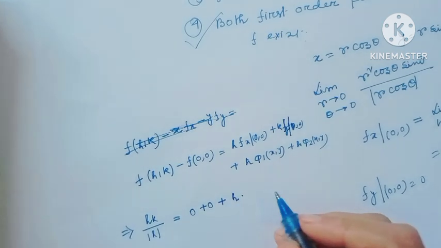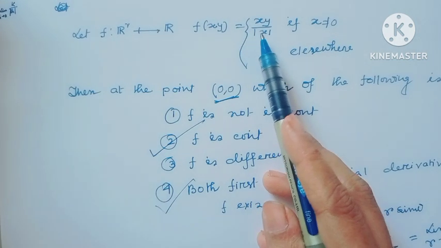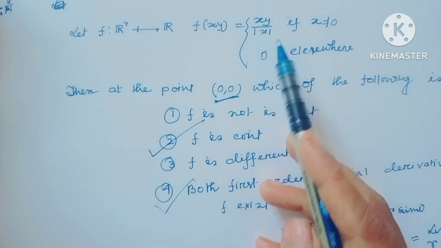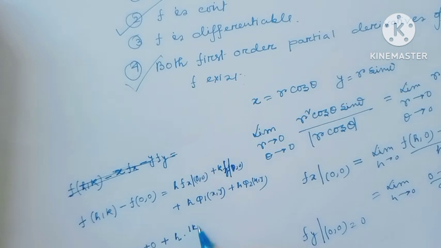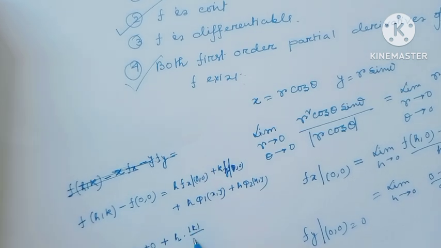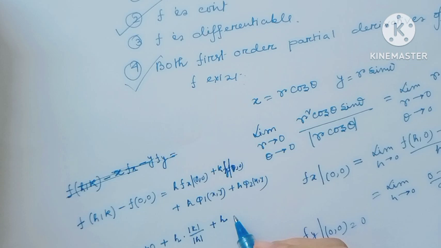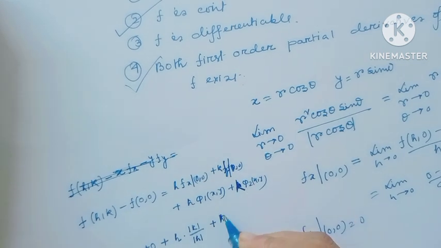Since f(x, y) equal to xy divided by mod x, we can write, choose phi 1 equal to h times mod k divided by mod h, and we can choose phi 2 equal to k times h over modulo h.